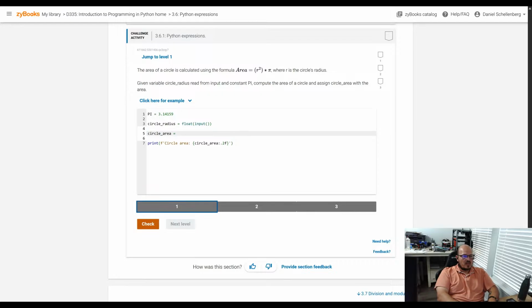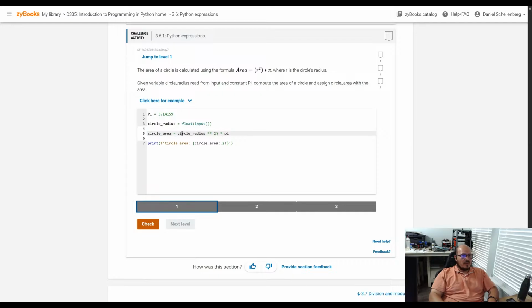So does that mean circle radius to the power of 2, right? Because that's how you write to the power of 2 is with the exponent here. And then times pi, right?